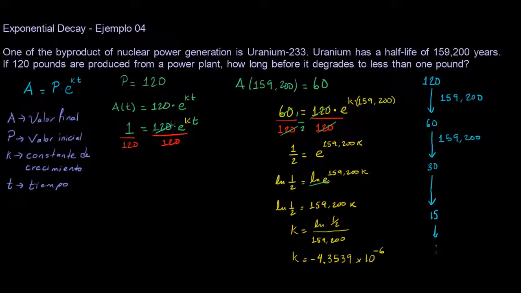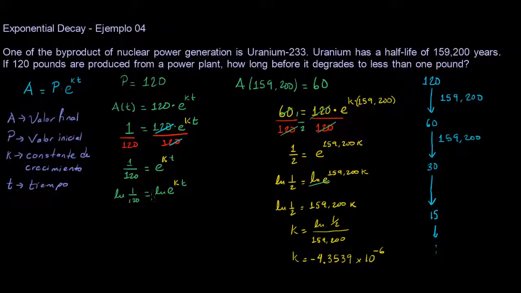Simplifying, we get 1 over 120 equal to e raised to, again, k, the one we already found, times t. I'm going to apply the natural log on both sides. The natural log of 1 over 120 is equal to the natural log of e raised to k times t.